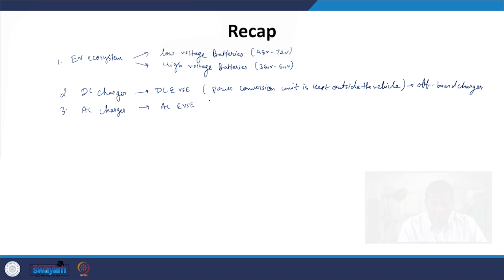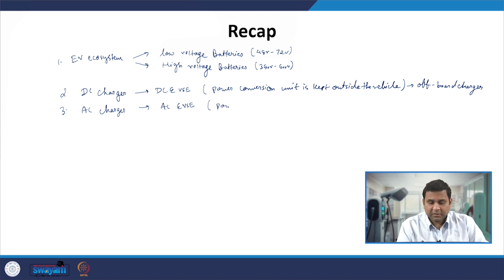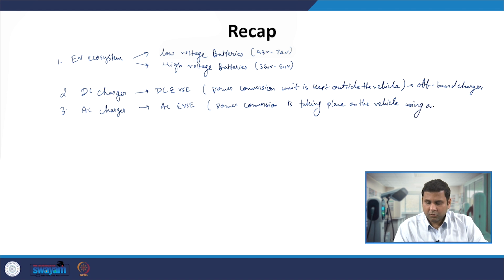In AC EVSE, the power conversion is taking place inside the vehicle or on the vehicle using an onboard charger, called an OBC.